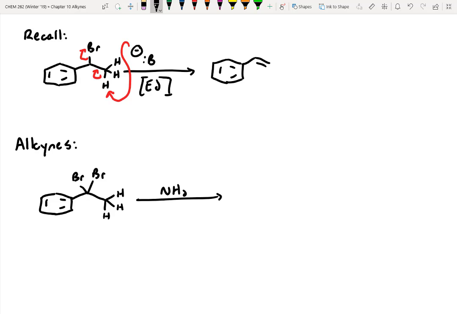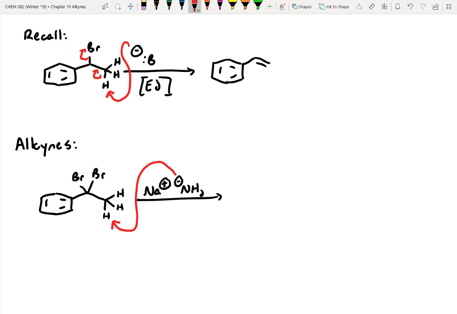The most common base that you'll see used is NH2-, or you may see this written as NaNH2. So let's actually write out the whole reagent. This is called sodium amide. It's a really, really, really strong base. It's not a very good nucleophile though.